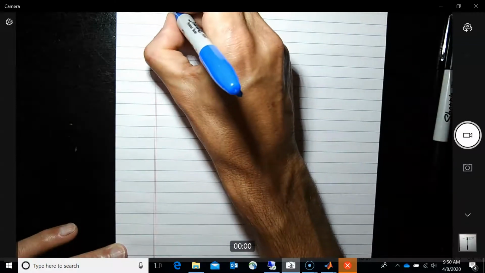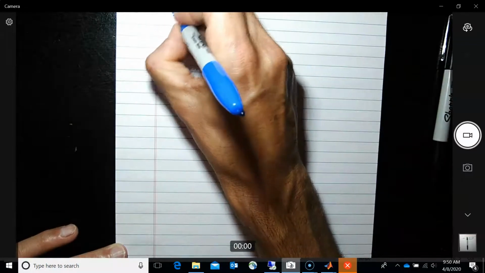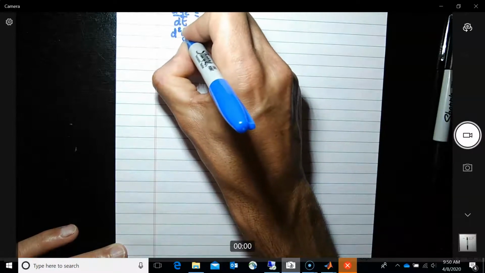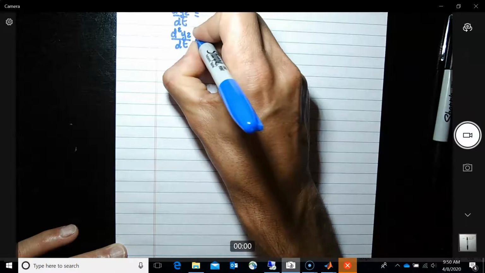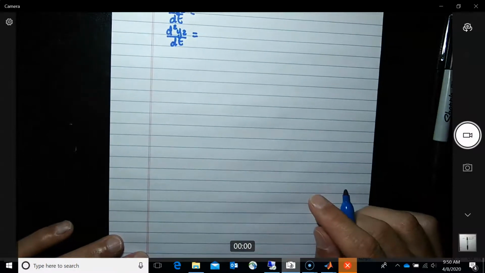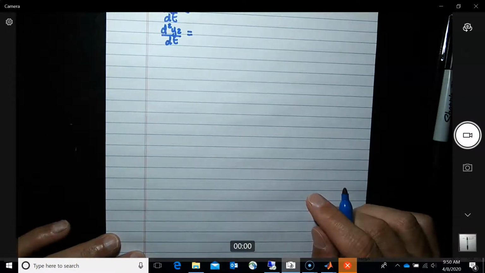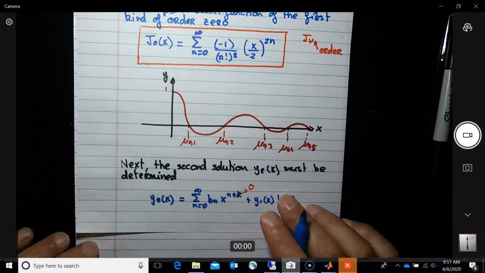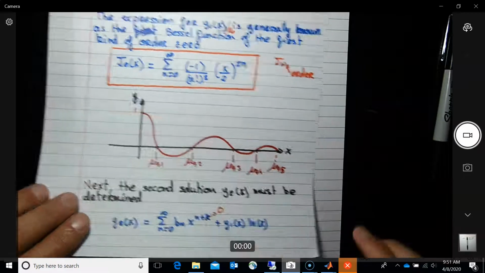So once again, what you will do is that you will calculate dy2 dt, okay, which in this case, okay, so I did not write it down over here. All right, so maybe let me trash this page.